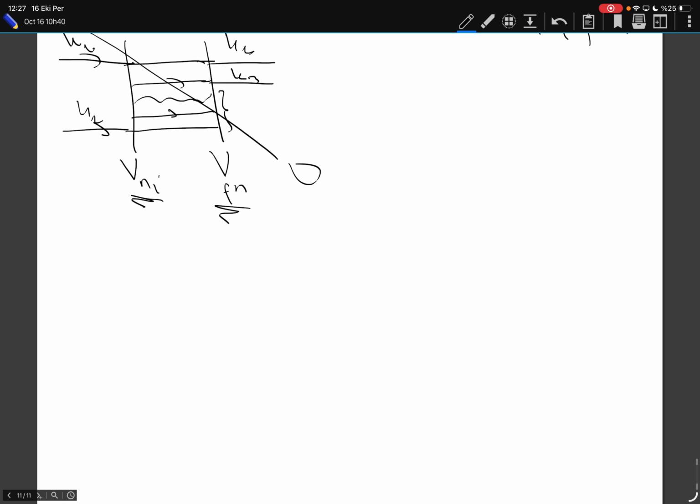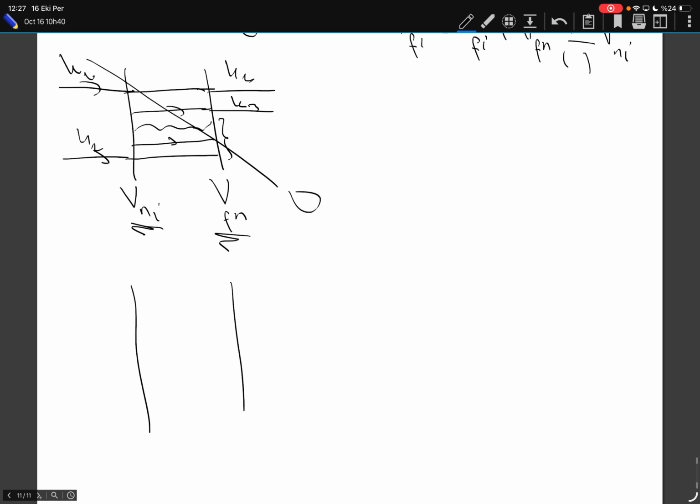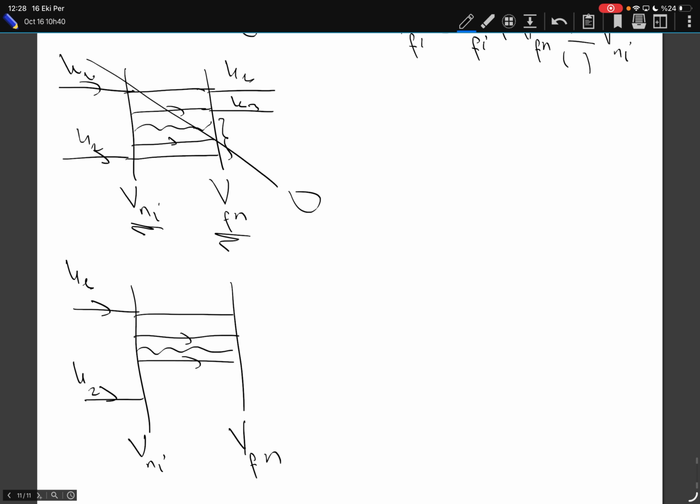Well, there is one option, to be honest. You see, in the final state, I don't have K1 and K2. I have P1 and P2. So K1 and K2 should be annihilated at some stage, either at the first V and I, or at the second V Fn. Now, it is possible that the second V annihilates this one, the initial and finals.